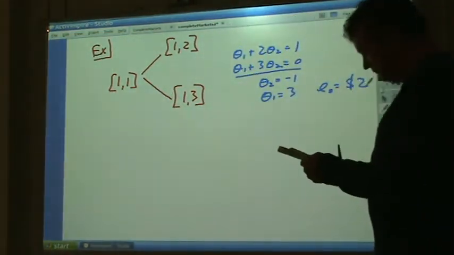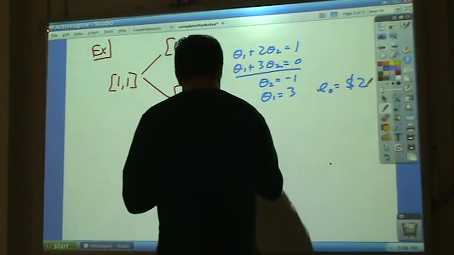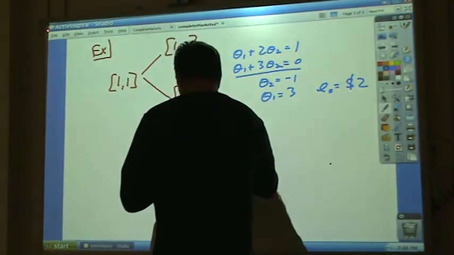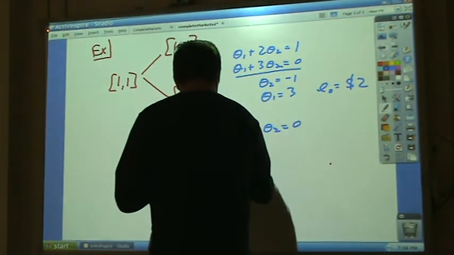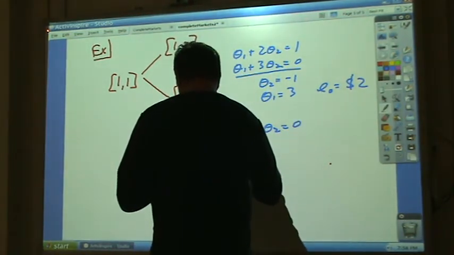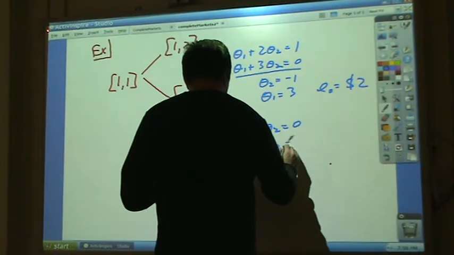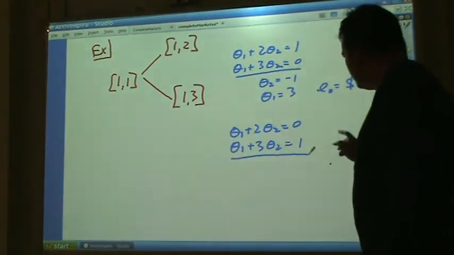You'd be losing money. And then if we did the one for E1, theta 1 plus 2 theta 2 equals 0, theta 1 plus 3 theta 2 equals 1. Solve this simultaneous equation.